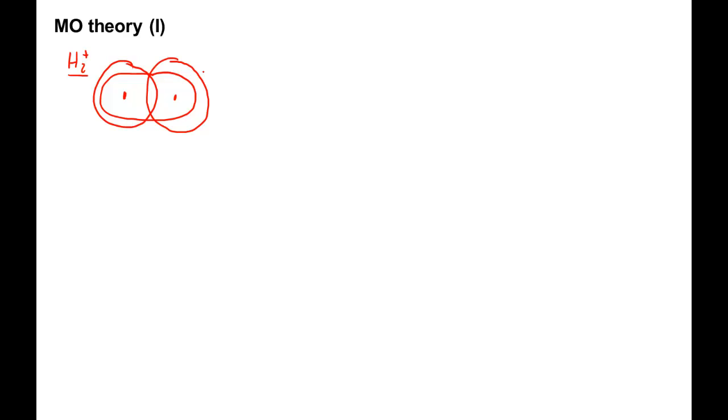Therefore, it seems reasonable to approximate the molecular wave function as a linear combination of 2 atomic wave functions. Psi, the molecular wave function, equals C1 times phi1 plus C2 times phi2. Phi1 and phi2 are functions centered on nucleus 1 and nucleus 2.